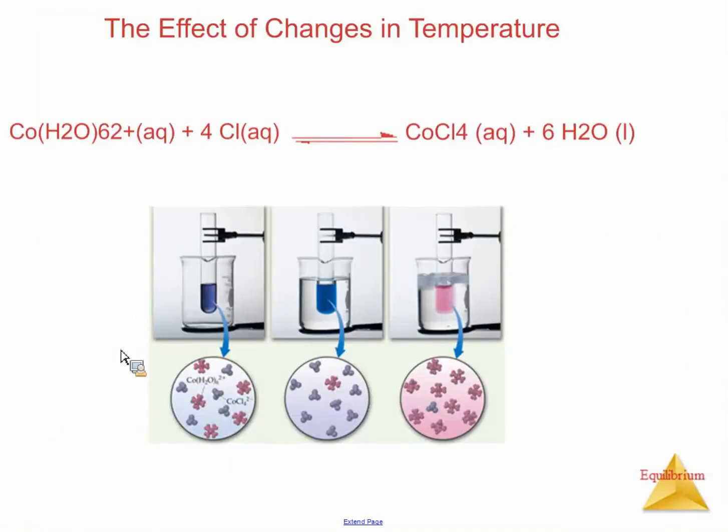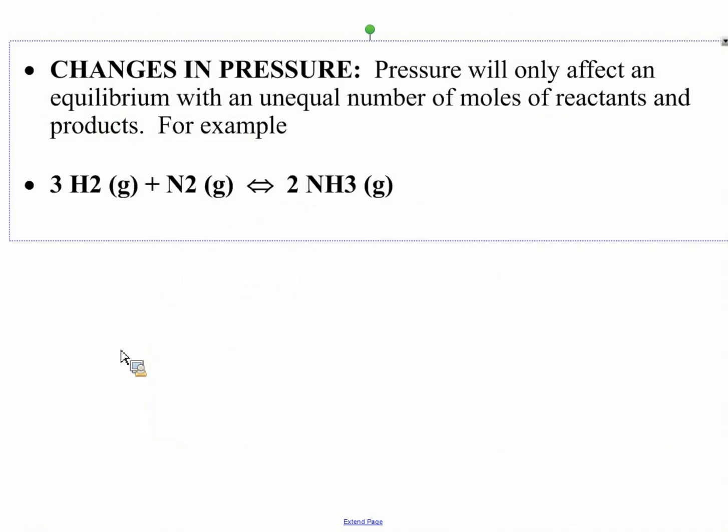All right, next are changes in pressure. Make sure pressure will only affect an equilibrium with an unequal number of moles of reactants and products, and this should actually say of gas, gaseous. So it's important for you to first realize that you need to have gases, or at least one.